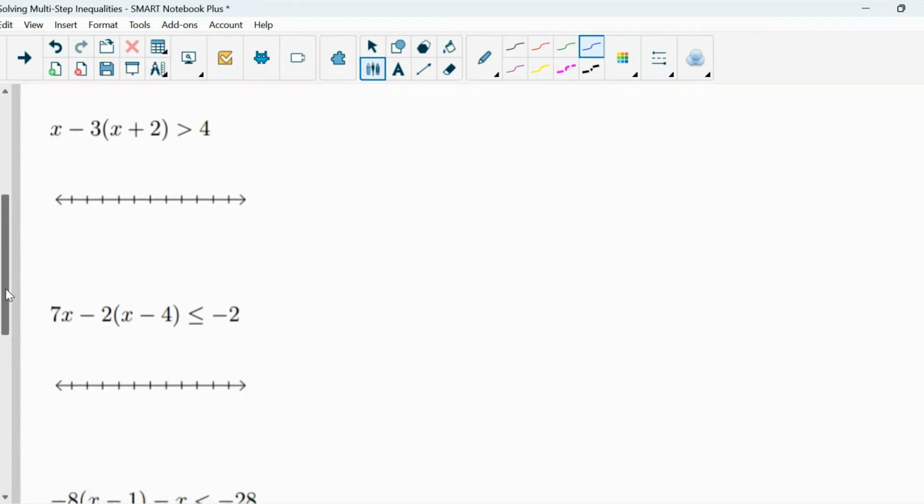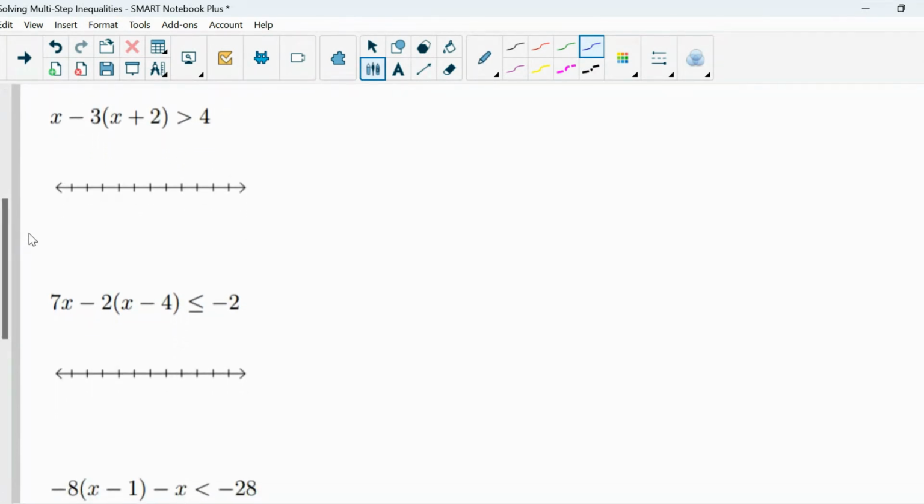Okay, in our next example here, we will have to start with distribution to undo our parentheses. Remember, you have to include the sign that is being operated in front of your value that you will be distributing. If it's positive, nothing really changes, but if it's negative, make sure that we are distributing a negative 3, okay?